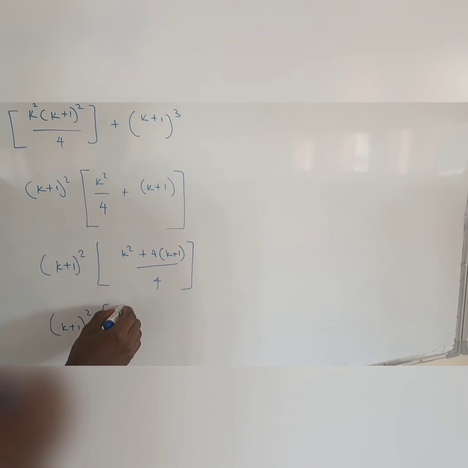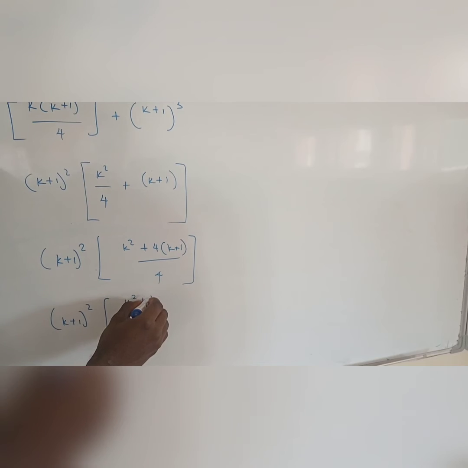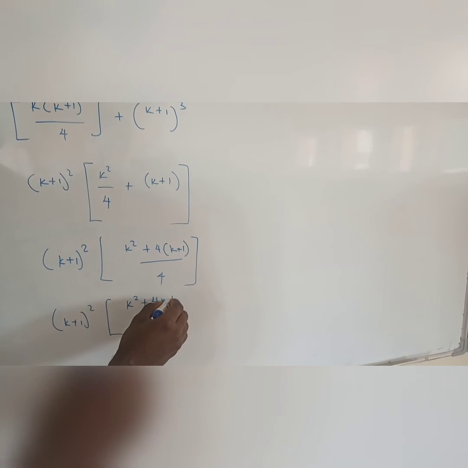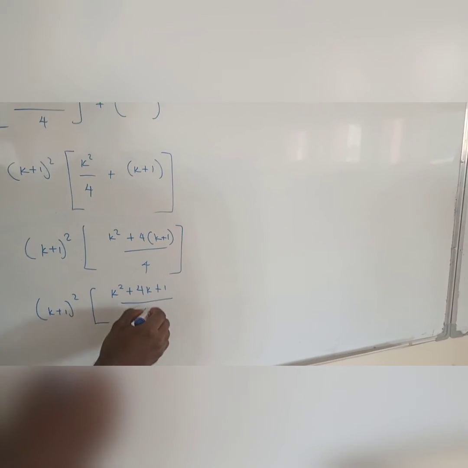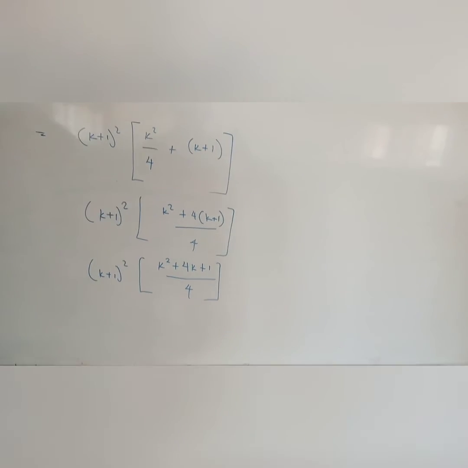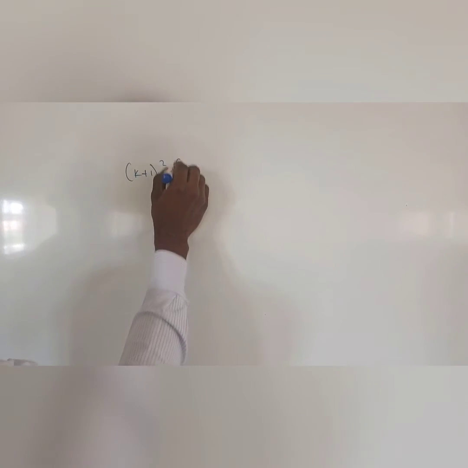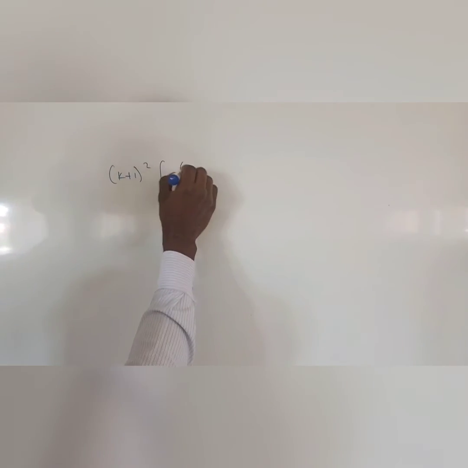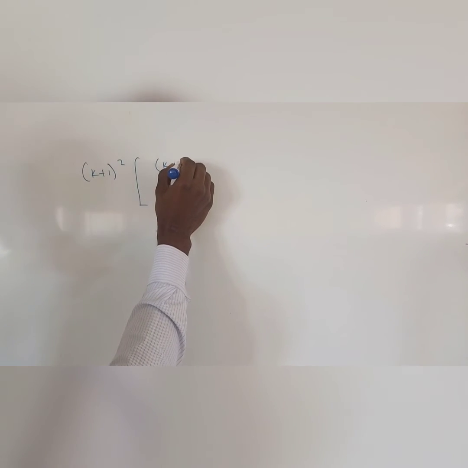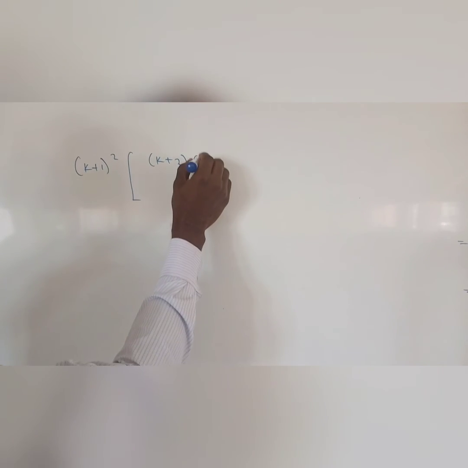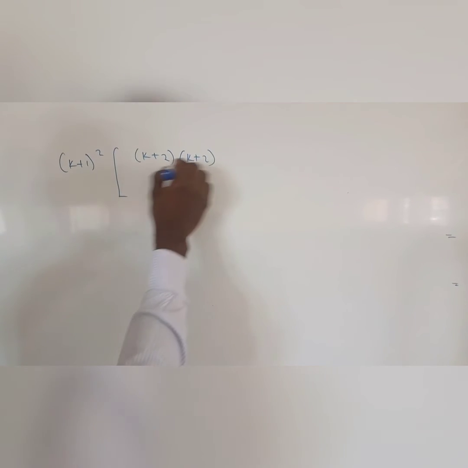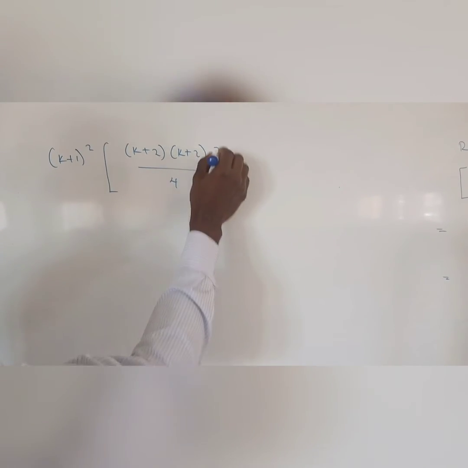Opening this, we'll have k squared plus 4k plus 4 all over 4. And then factorizing that, we're going to have (k plus 2)(k plus 2) all over 4.